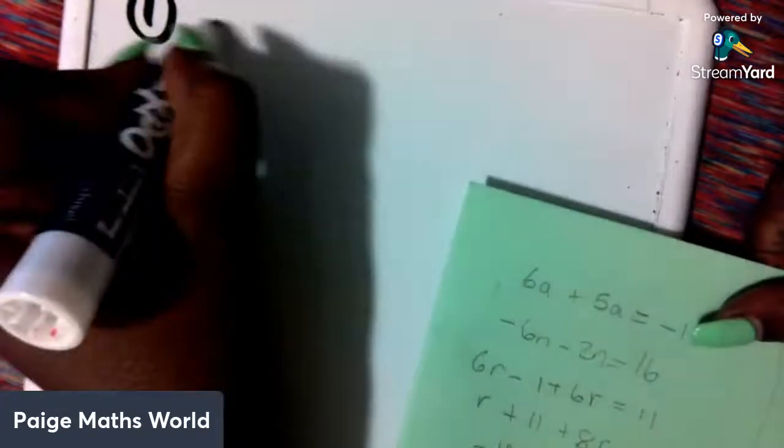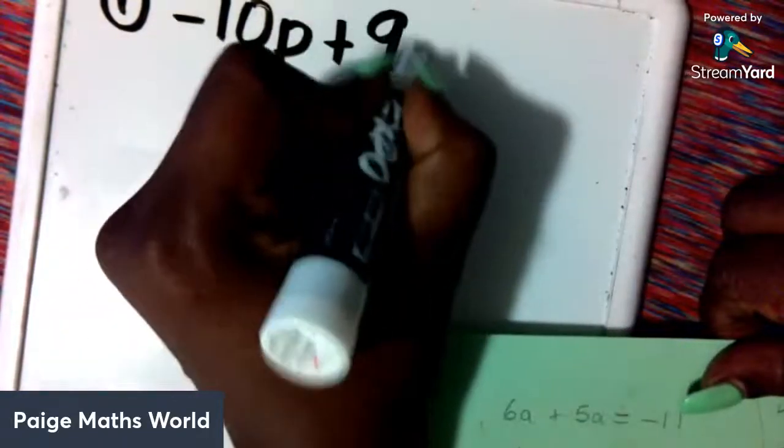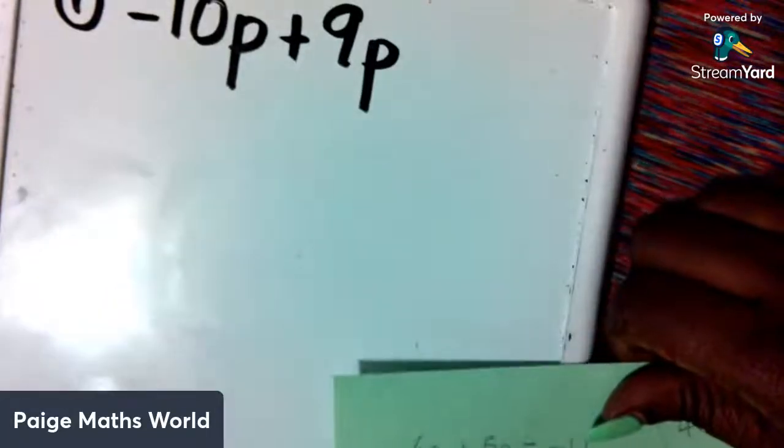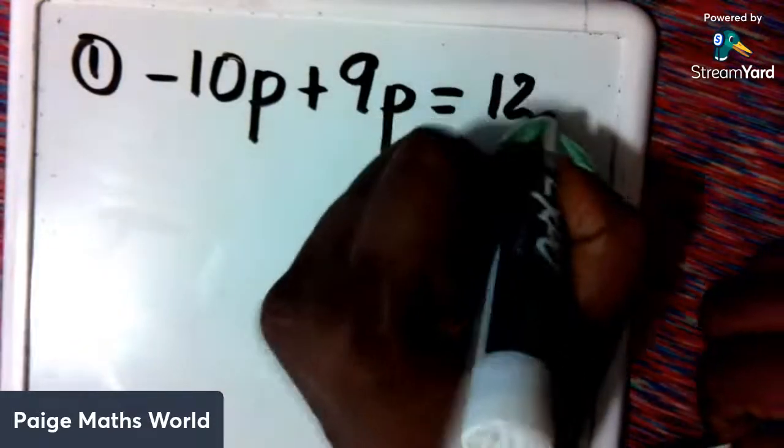All right, here we go. I don't like using the green. All right, so the first one is, remember you're solving for the variable, guys. Negative 10p plus 9p is equal to 12.